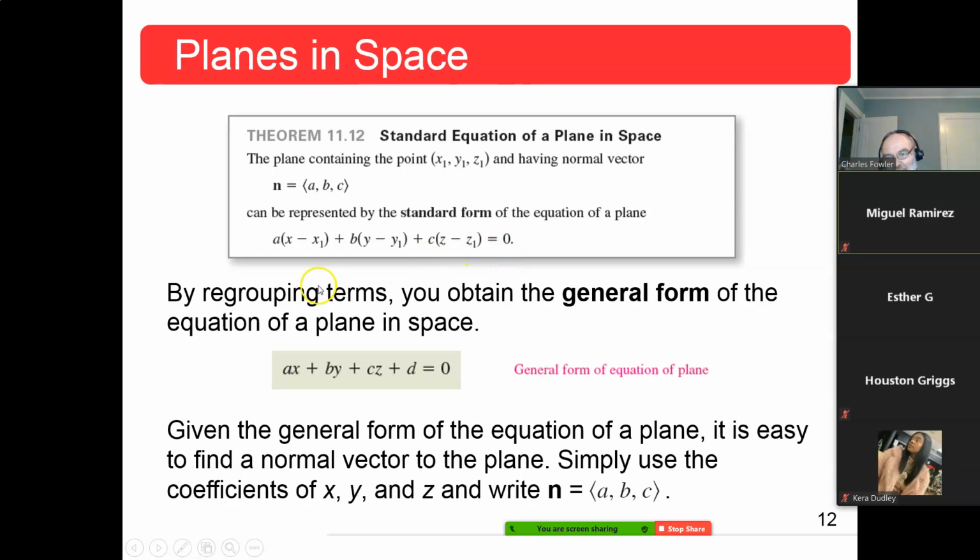Now, here's what I was saying before. You can regroup those terms to obtain the general form of an equation of a plane in space.